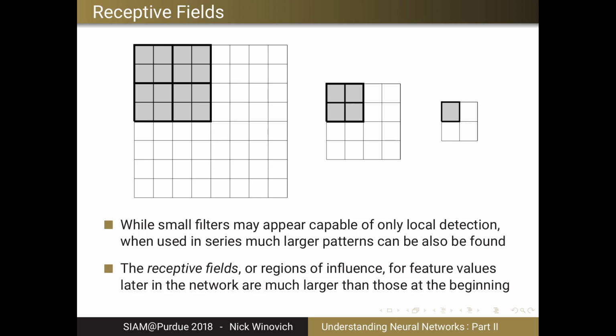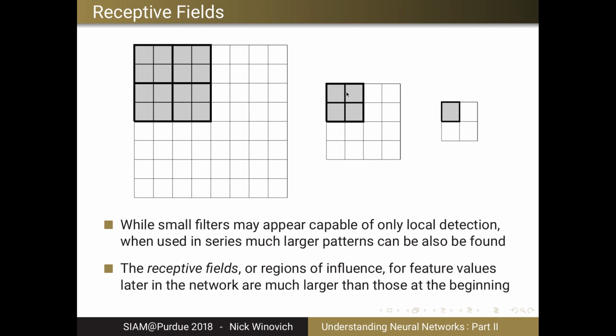But we can actually get around this by composing these convolutional layers in series. And what we see is that the receptive field, or the area or region of influence on entries further down in the network, grows as we increase the number of layers. Originally, this value here is impacted, in this case, by the entries in the upper left-hand corner.